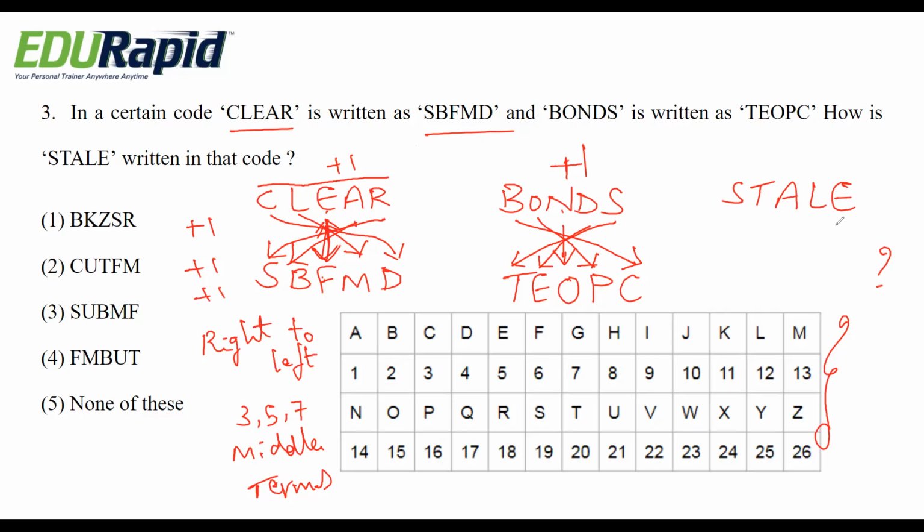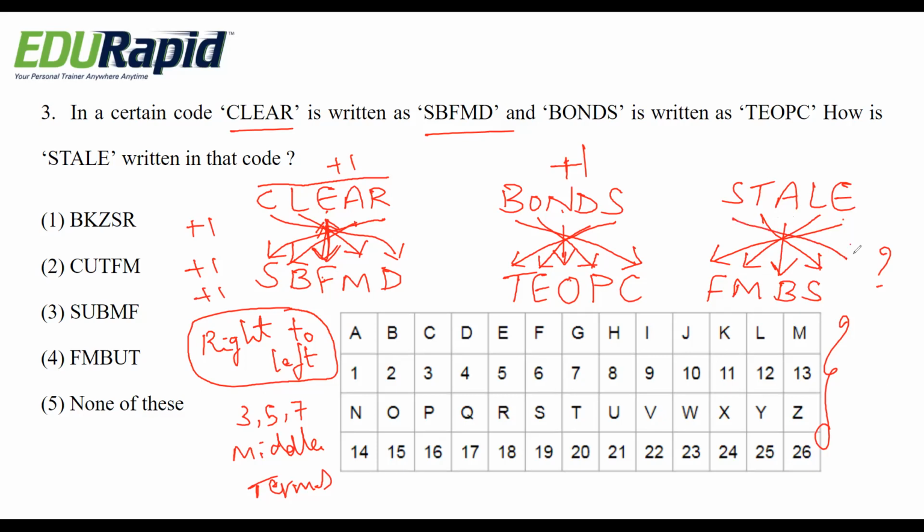For E, after E it is F. It is very simple. It is increased by one from right to left. Observe here, after E it is F, after L it is M, after A it is B, and after T it is U, and after S it is T. So the right answer is FMBUT.